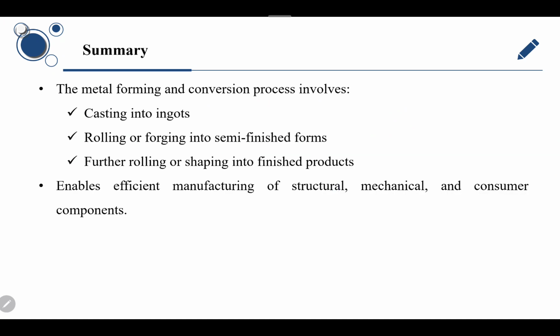The entire metal forming and conversion process can be summarized into a sequence of steps. Casting into ingots, or initial large blocks of metal. Rolling or forging into semi-finished forms, that means creating blooms, billets and slabs.